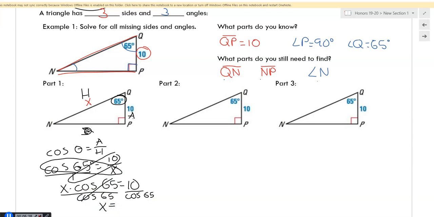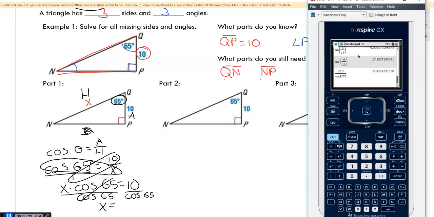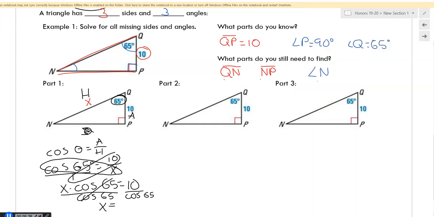So 10 divided by cosine of 65 is 23.7. All right, looking at our next one, so that's here. So I'm going to put that in my picture. Great.